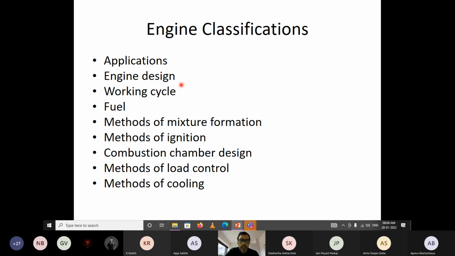Arrangement of the cylinders means, in a multi-cylinder engine where we have more than one cylinder, all the cylinders can be arranged in one line. That is what we call inline engine design.